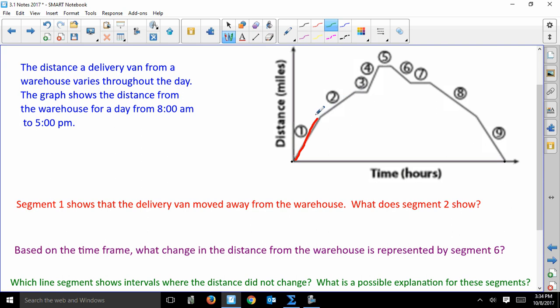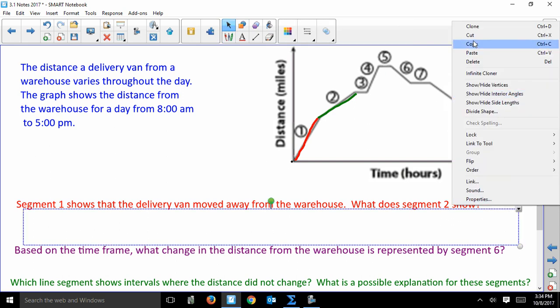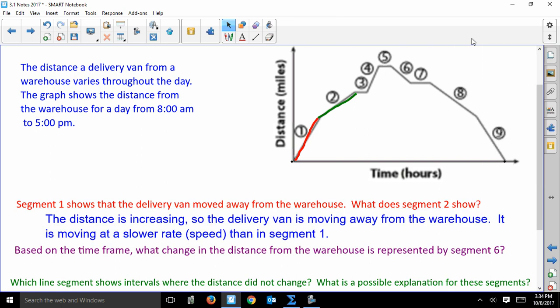Well, as I take a look at segment 2, I notice that the distance is still increasing, but the slope is not as steep. So what does that mean? Well, that means that the delivery van is still moving away from the warehouse, but it is moving at a slower rate or a slower speed than it was in segment 1.